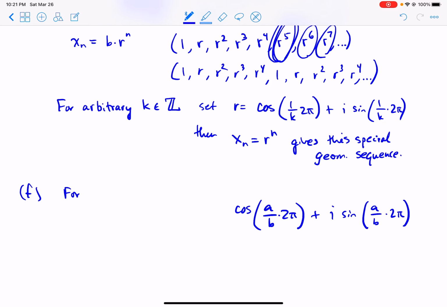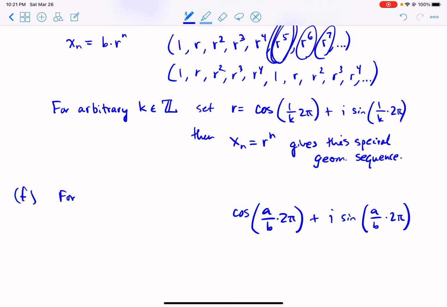If this was r, then for a and b integers, in other words, for any rational number, r to the b equals r to the 2b equals r to the 3b.